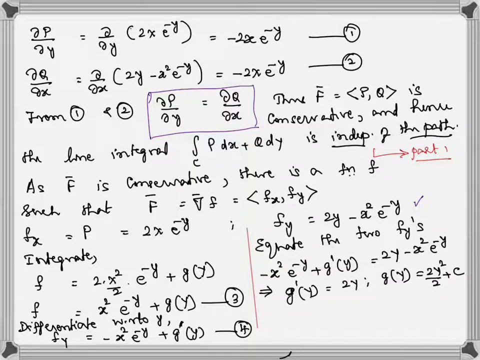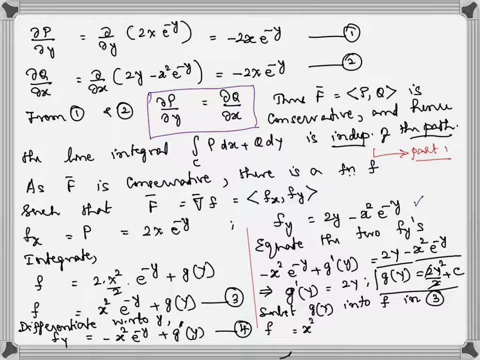Then we plug this g of y into f in step 3. Substituting g of y into f in step 3, we get f of x, y equal to x squared e to the negative y plus y squared plus C. Thus we get the potential function for the conservative vector field F. Now the second part is to evaluate.